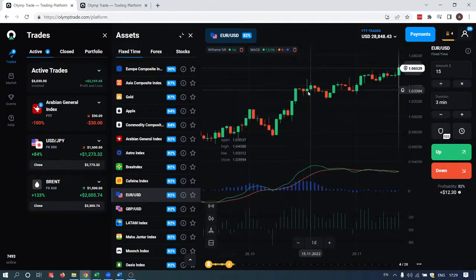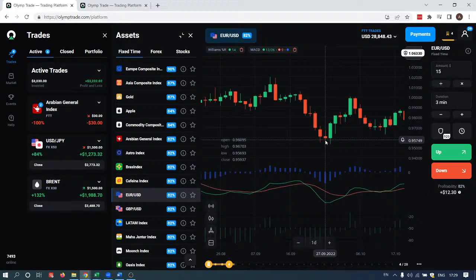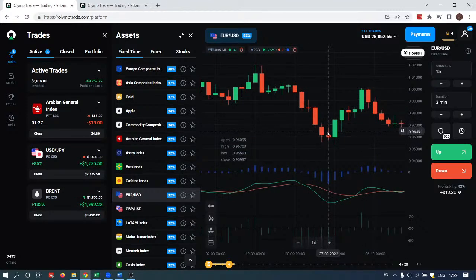Let me go ahead. Yes, something like this. After some serious descent, we have this doji-like candlestick, and from there it goes up.